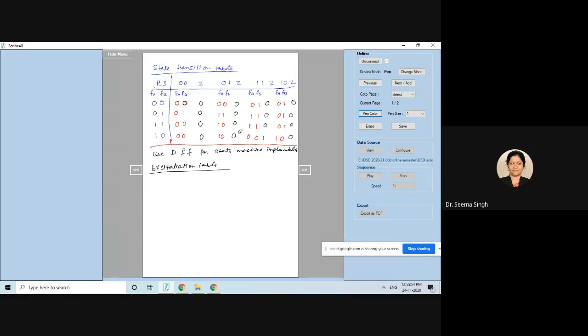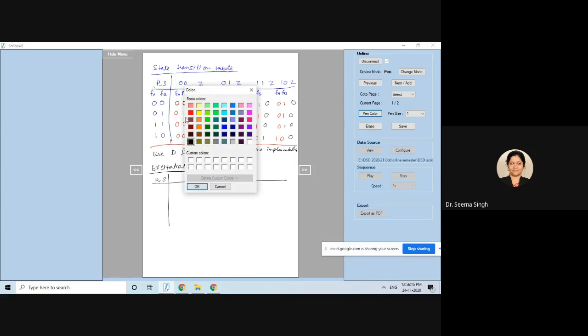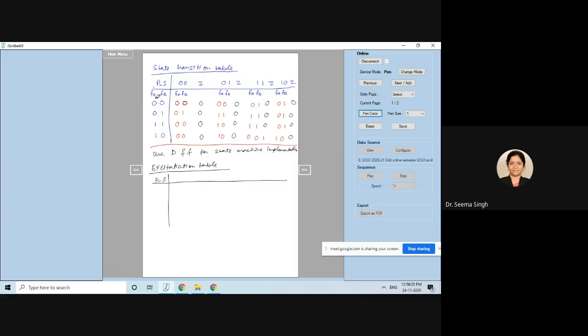Okay. So next step, again we will make one more table. The excitation table. You remember what we mean by excitation table? The excitation table says, if I want to change this state from 0 0 to 0 0, what should be the input of my D flip-flop?